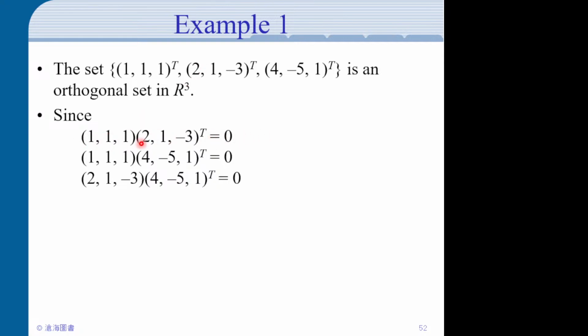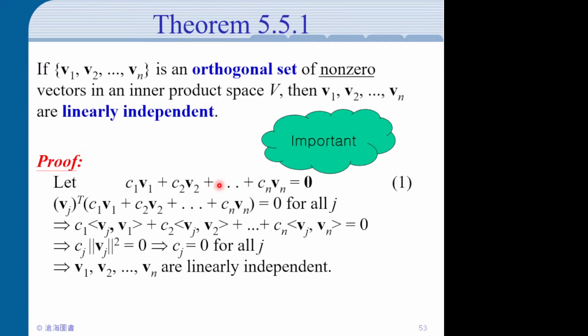This one is easier: 2 plus 1 minus 3 is 0. Then you check that those two vectors are orthogonal: 4 plus 1 minus 5 is 0. And then for the last pair, the inner product is 0, though it's harder: 8 minus 5 minus 3, so it's also 0. It's pretty straightforward.